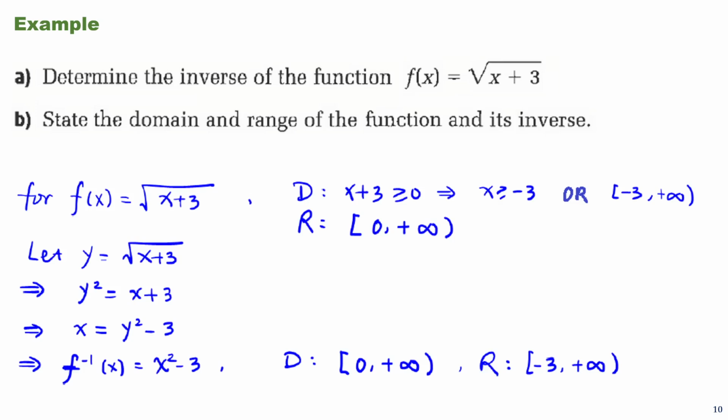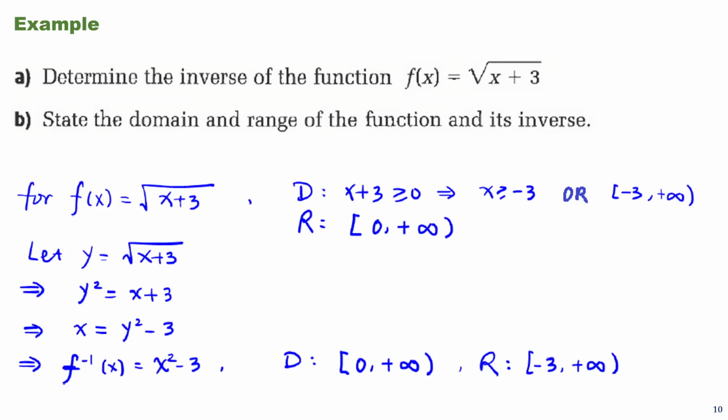That means x belongs to the interval from -3 inclusive to positive infinity. And the range is from 0 inclusive to positive infinity, because if you take the square root of any non-negative number, you will also get a non-negative number, right?